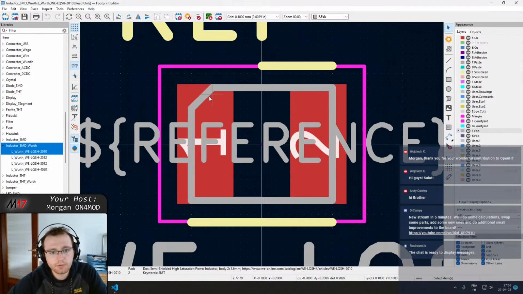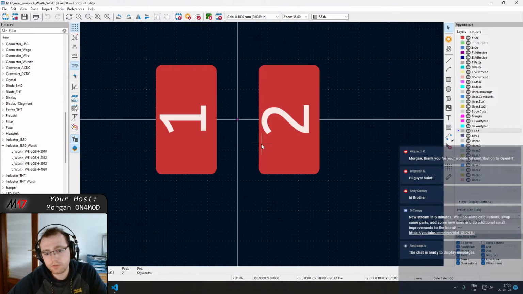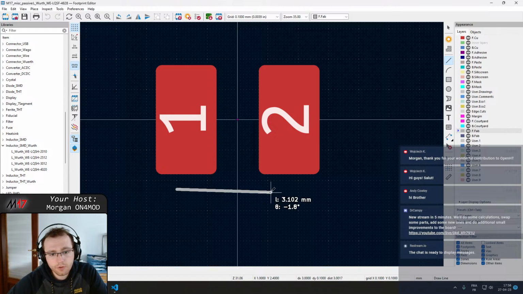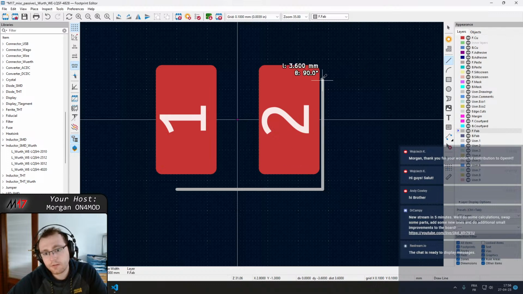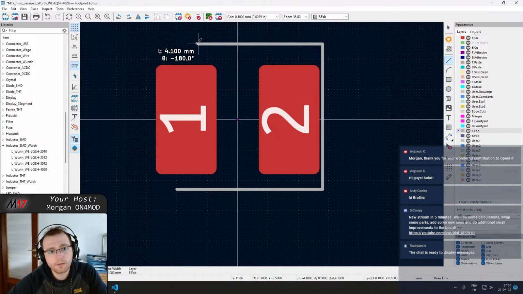Yeah, they do a chamfered corner. You can try to do that. So FFab and then 4.8. Like this.